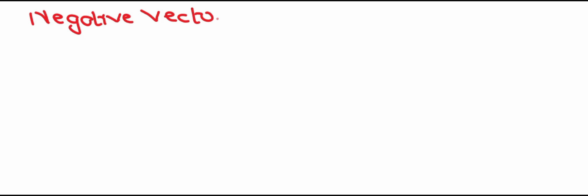Now, what are negative vectors? Negative vectors are those vectors which have the same magnitude but the opposite direction.